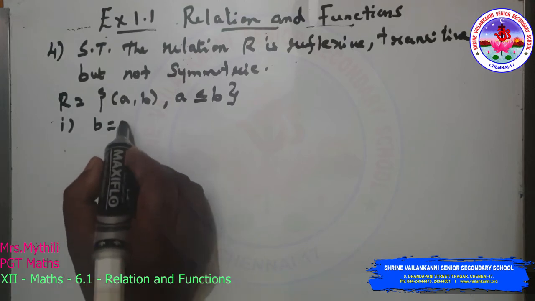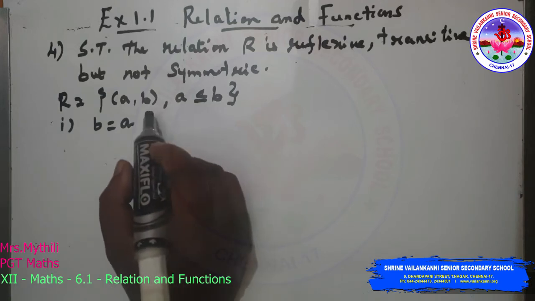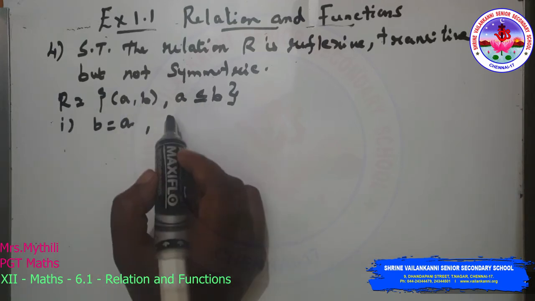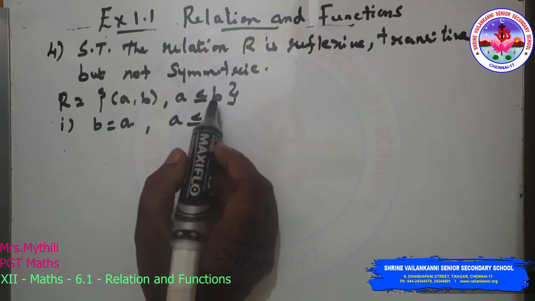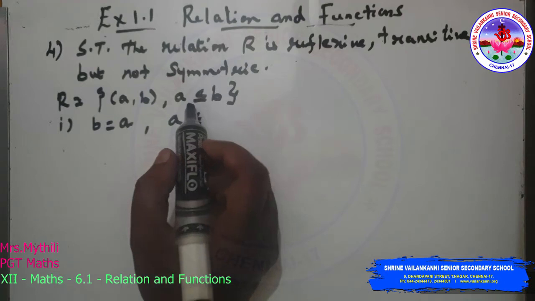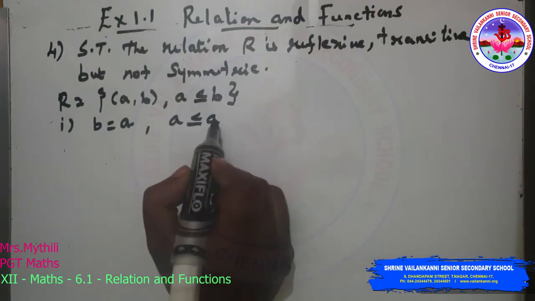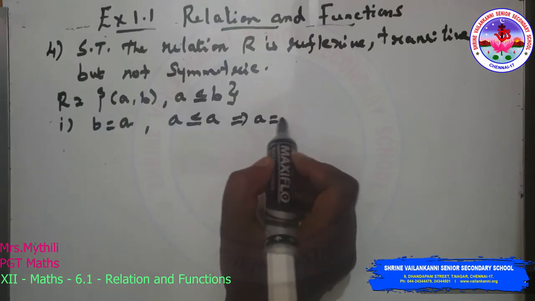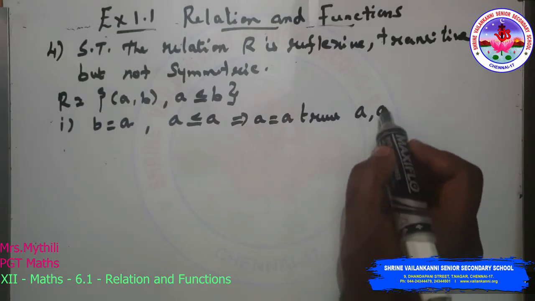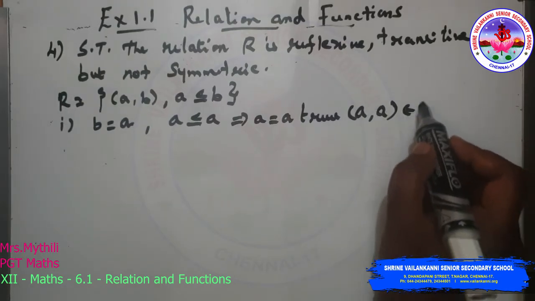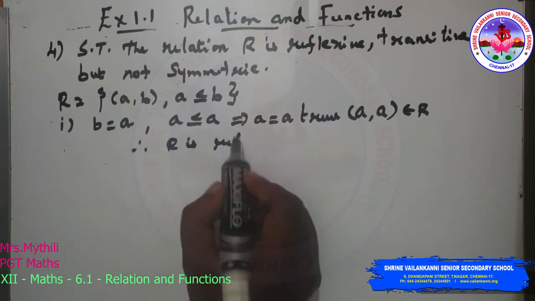Taking b = a, the relation a is less than or equal to b becomes a is less than or equal to a, which implies a = a, which is true. That is, (a, a) belongs to R. Therefore, R is reflexive.